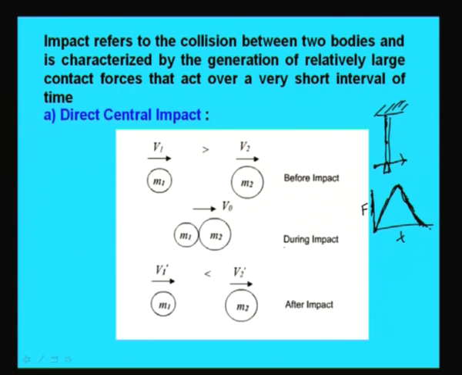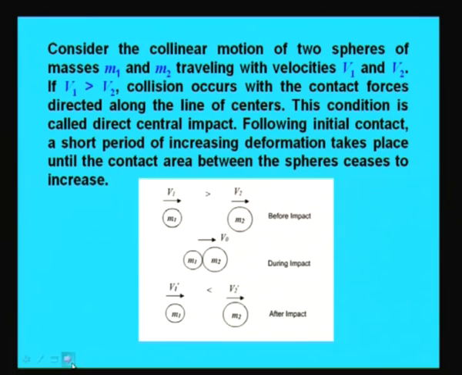So this is the process which goes on inside, and let me just describe it again. Consider the collinear motion of two spheres of masses m1 and m2 travelling with velocities v1 and v2.